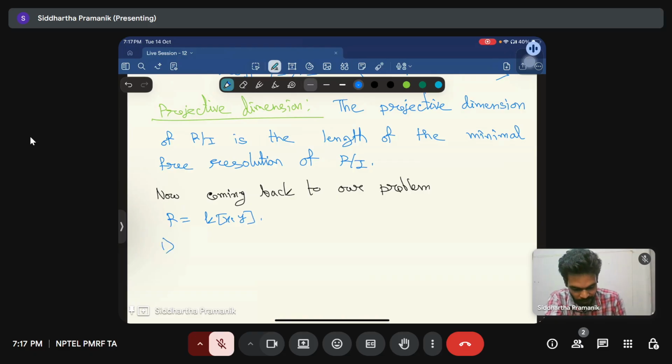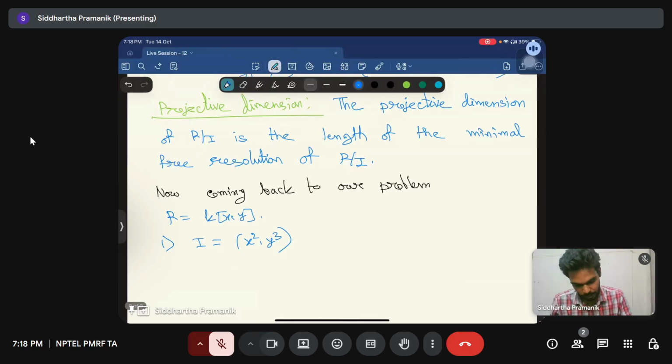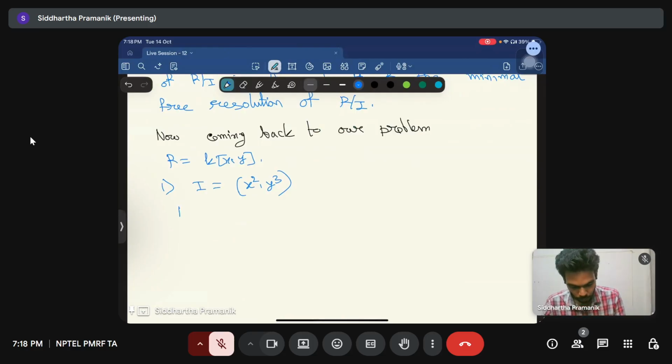And the ideal in the first case is (x^2, y^3). So this is a regular sequence, so again the Koszul complex will give you the minimal free resolution, or you can also calculate it by hand. So now x^2, y^3 is an R-regular sequence.